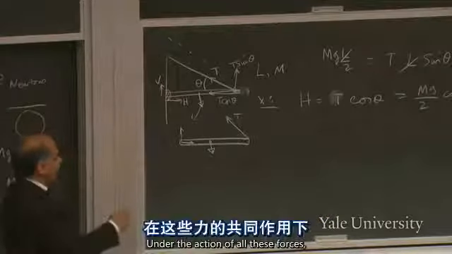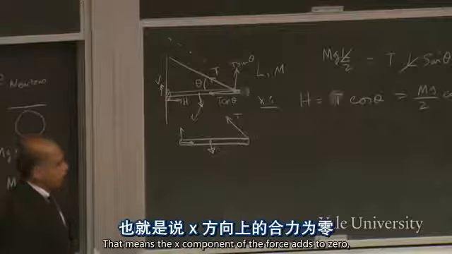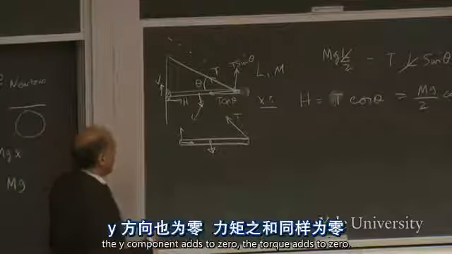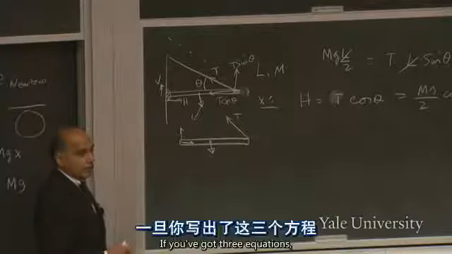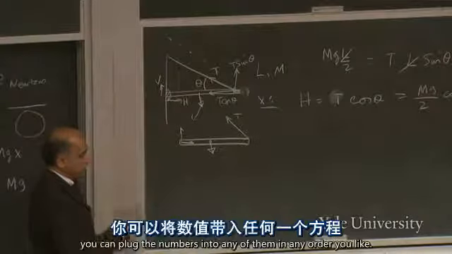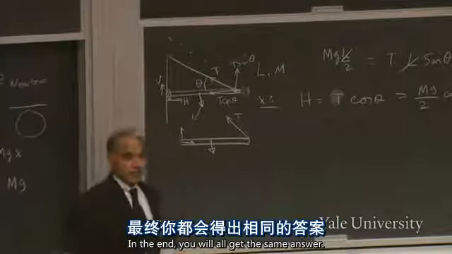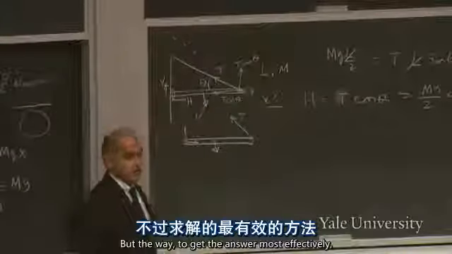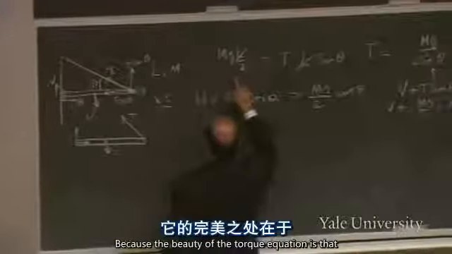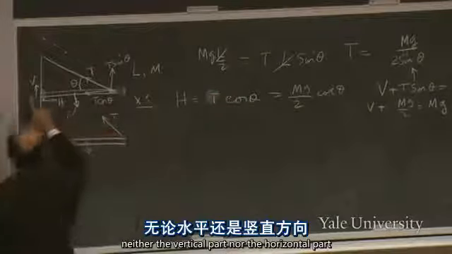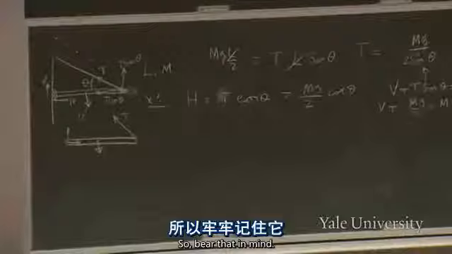Under the action of all these forces, the rod is neither translating nor rotating. That means the x component of the force adds to 0, the y component adds to 0, the torque adds to 0. If you have three equations, you can plug the numbers into any of them in any order you like. In the end, you will all get the same answer. But the way to get the answer most effectively is to take the torque equation, because the beauty of the torque equation is that neither the vertical part nor the horizontal part nor anything to do with the pivot enters into that. So bear that in mind.